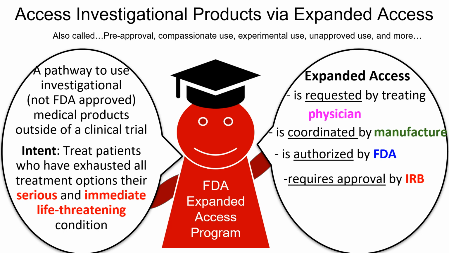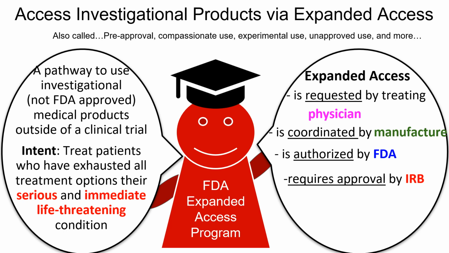It's often also called pre-approval access, compassionate use, experimental use, unapproved use, and many more. For this talk, I'm going to use the term expanded access. Expanded access is a pathway through FDA to use investigational medical products outside of a clinical trial.